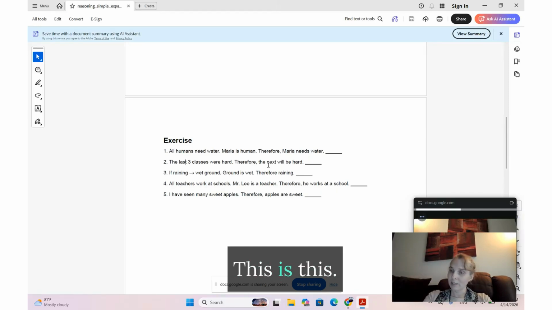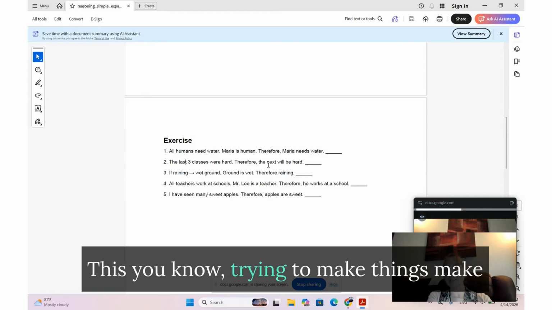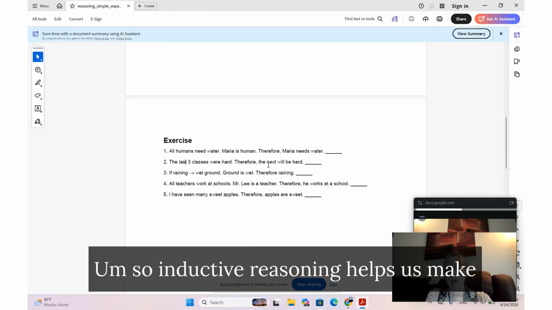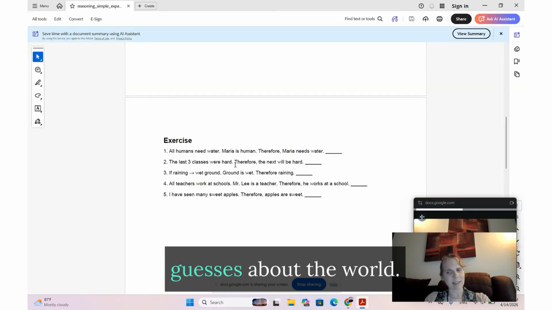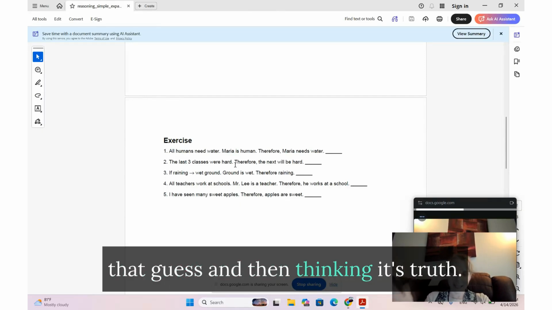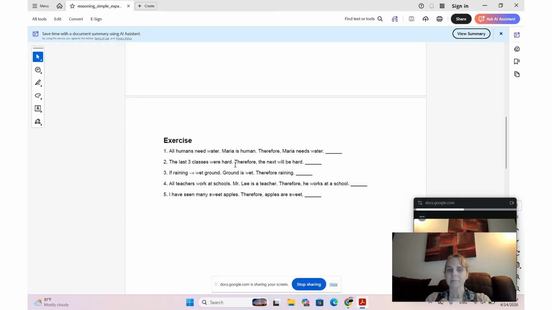This is trying to make things make sense, but the world is more complicated than that. So inductive reasoning helps us make guesses about the world, but we have to be careful about taking that guess and then thinking it's truth.